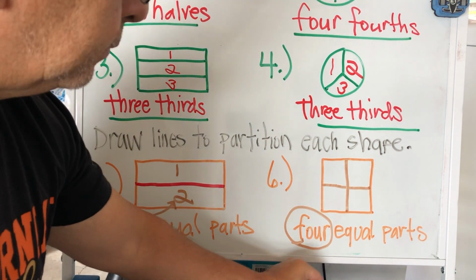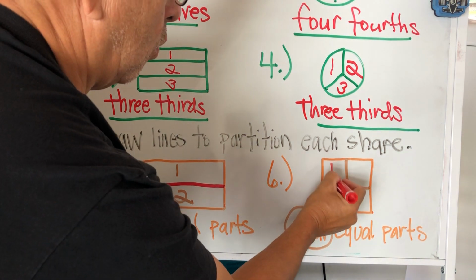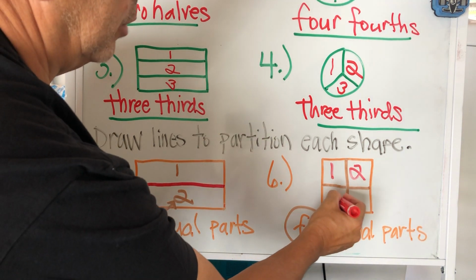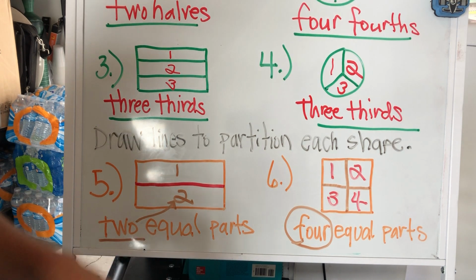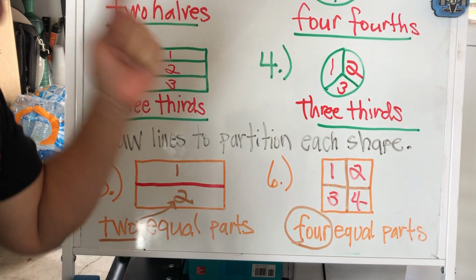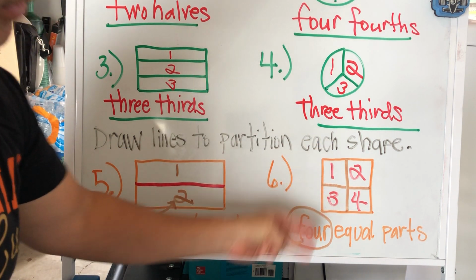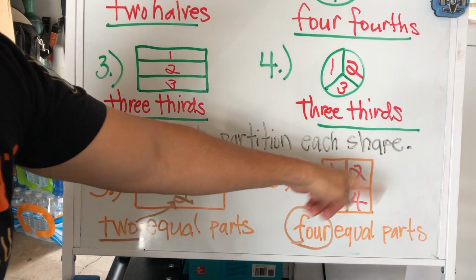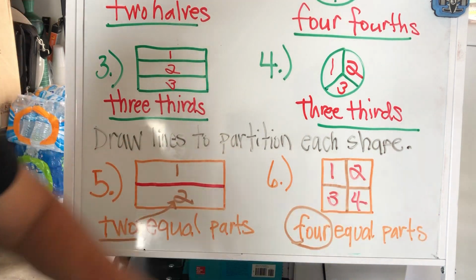Let's try red. 1, 2, 3, 4. I do have 4 equal parts. And if I remember from the beginning of the lesson, that's called 1/4, 2/4, 3/4, 4/4. So now I just partitioned my square into 4 equal parts.